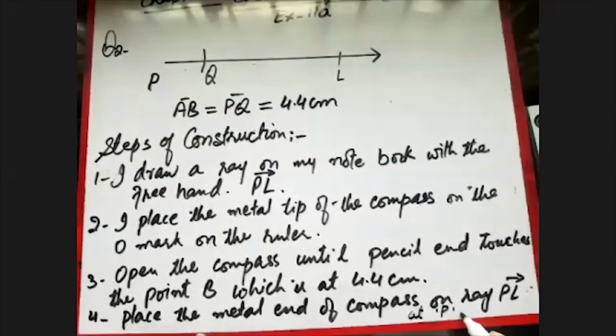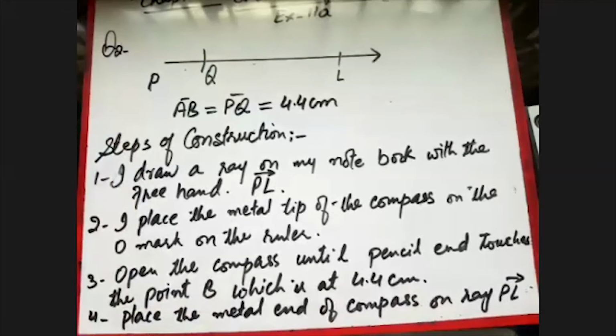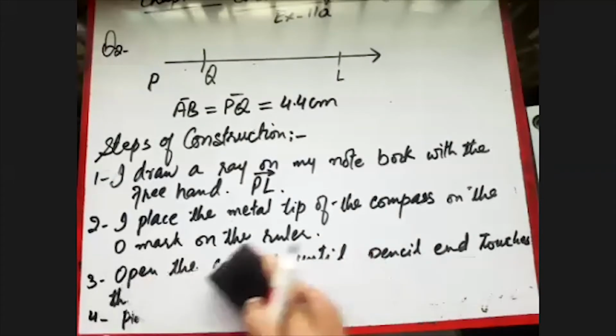Full stop. Write down this on the next line. So you place the metal end of compass on the ray PL at P because you have got the length equal to the length AB with the help of compass.